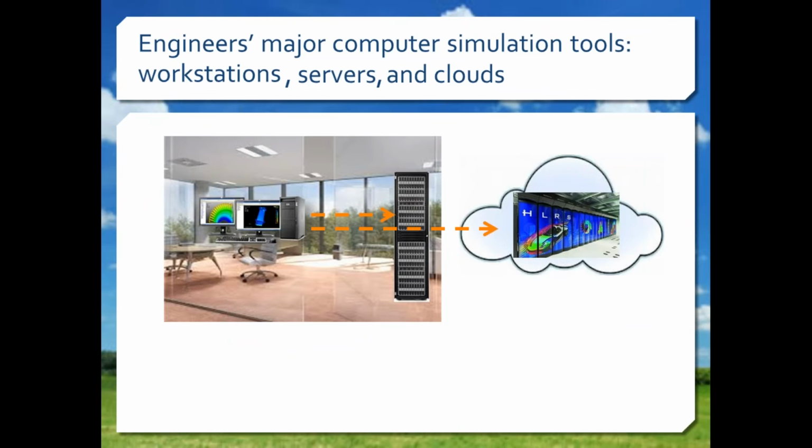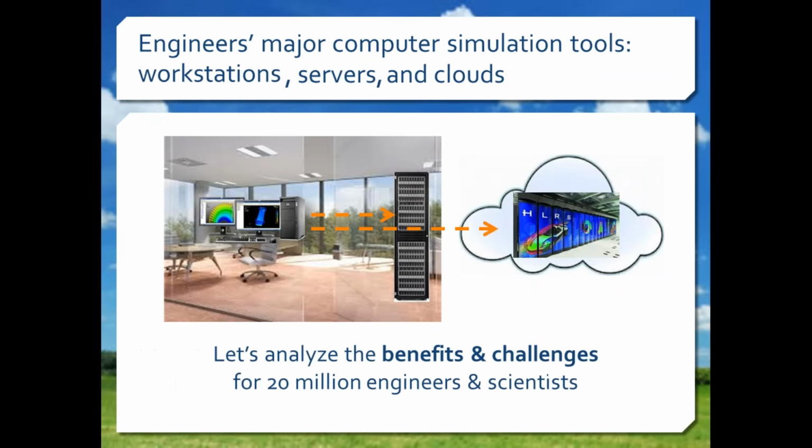Okay, so let's jump into engineers' major computing simulation tools, which is about workstations and servers mostly in the recent past, but lately we also see engineers moving to the cloud with parts of their workload.